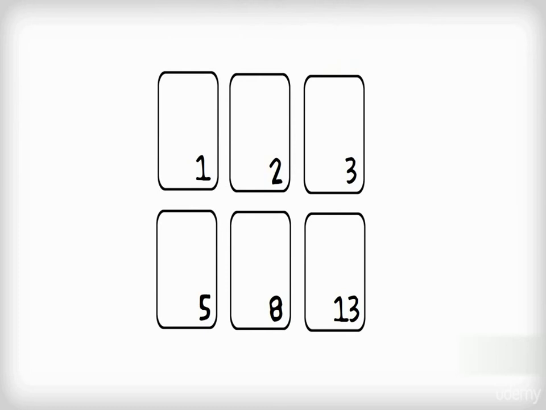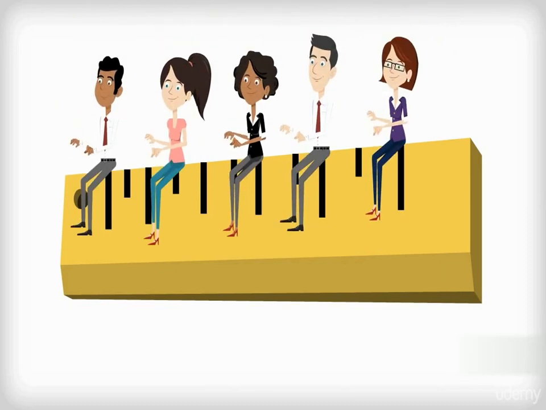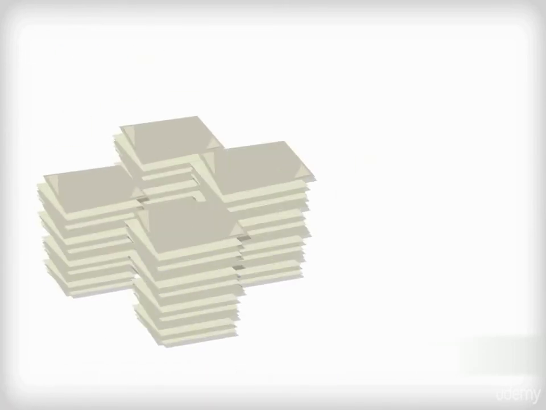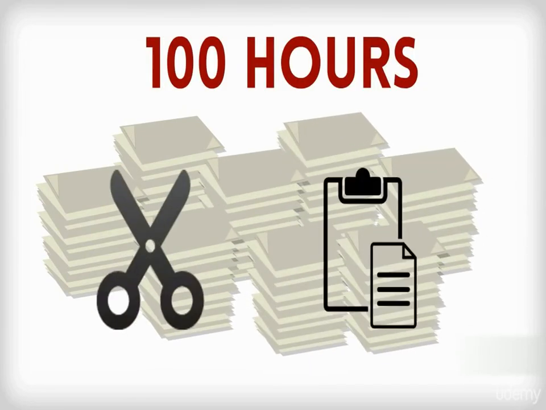To clear up a common point of confusion, a story point is not purely a measure of complexity. It is a measure of effort. The size of a story can increase because it is highly complex, that is, an algorithm for an airplane simulator, or just because it involves many simple pieces of work, such as 100 hours of cut and paste.